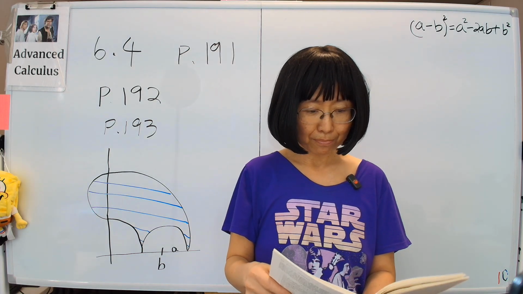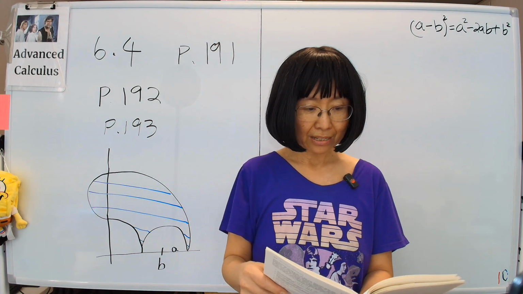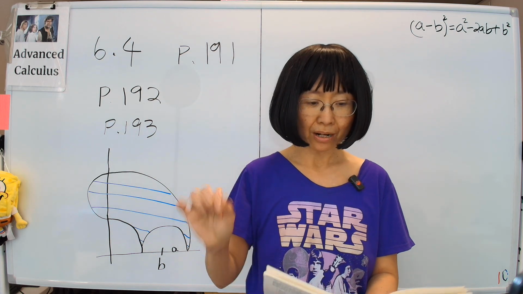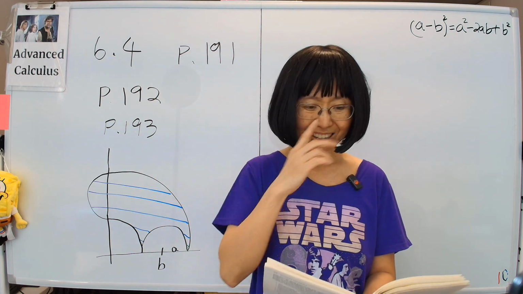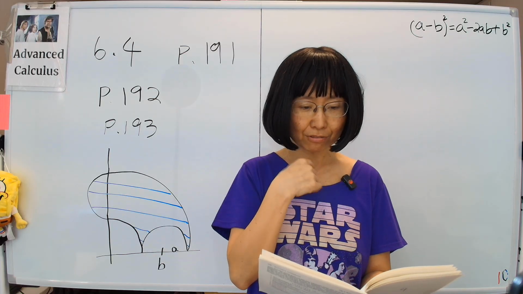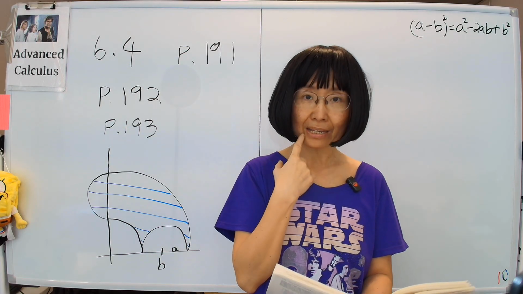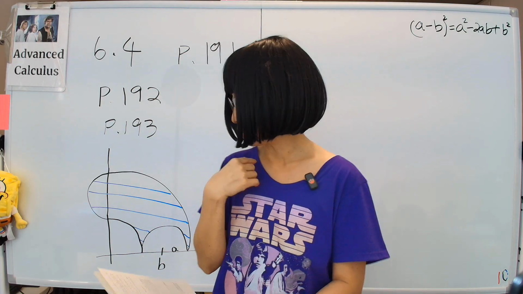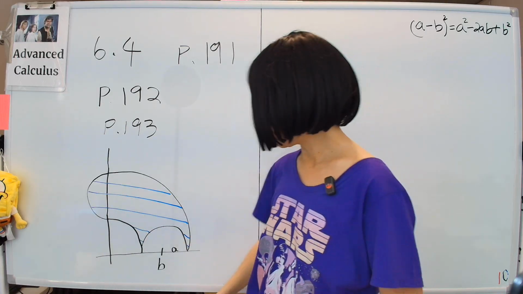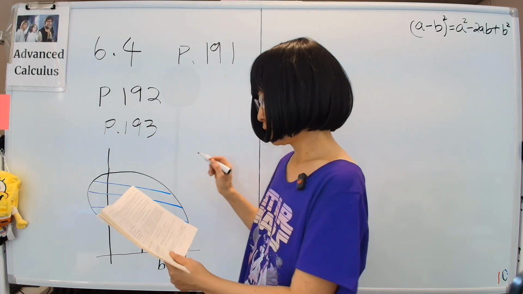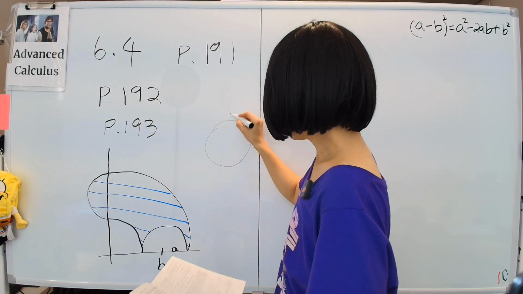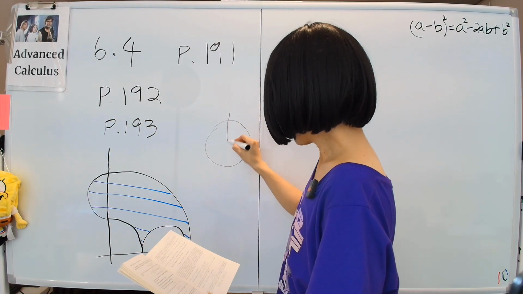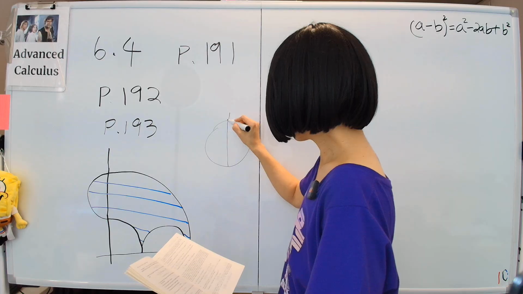We are finding the mass of something whose density is proportional to the square of the distance from a fixed diameter. That is right. So let's say we have a circular object, okay, and the diameter is this thing right here, the vertical diameter.